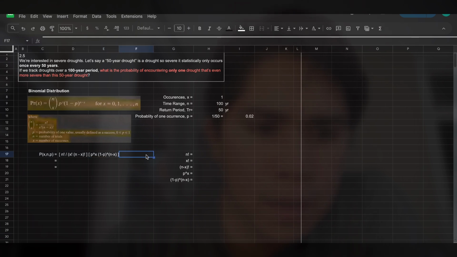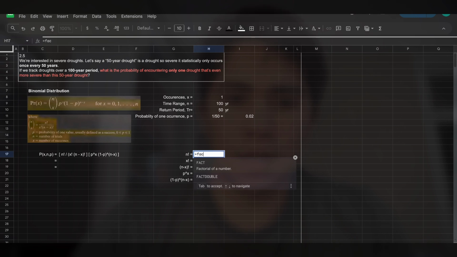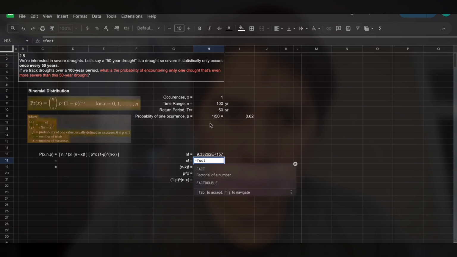So I think to get this right, we should solve by parts. So the first part of this equation is n factorial, which in our case is 100 years. So in Excel, you do FACT, that will be the equation for factorial, n, and that's the number, then factorial of x, which are the occurrences.